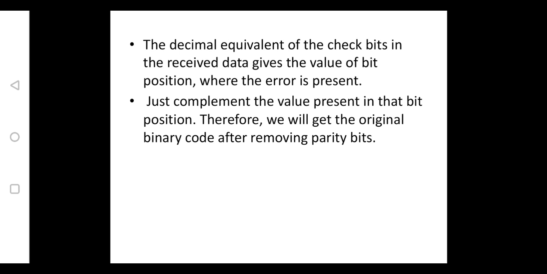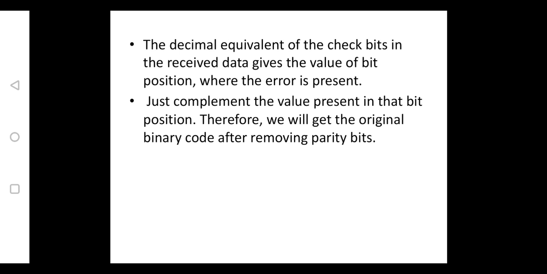Now let me assume odd parity instead of even parity. If it is odd parity, for the same example, C1 will be 1, C2 will be 1, C3 is also 1. So I am getting C equal to C3, C2, C1 which is equivalent to 111. So 111 equivalent is 7. That itself indicates there is an error in the 7th position. So now we found out where the error is present.